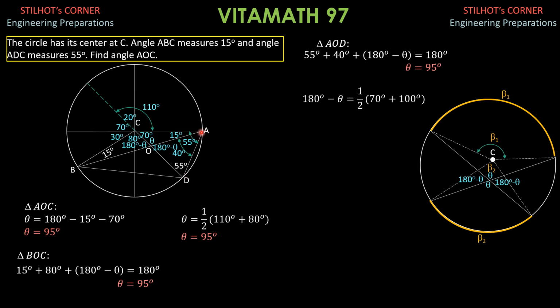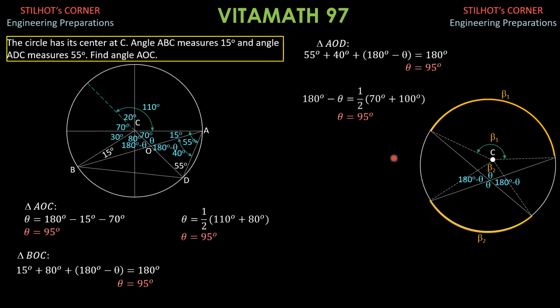One arc is AD, occupying an angle of 70 degrees, while the angle occupied by this other arc is 100 degrees, 70 plus 30. So 1/2 of the quantity 70 degrees plus 100 degrees, the average of that, is equal to the angle between the chords, 180 degrees minus theta. This is 85 degrees. So theta is 180 minus 85, which is 95 degrees.